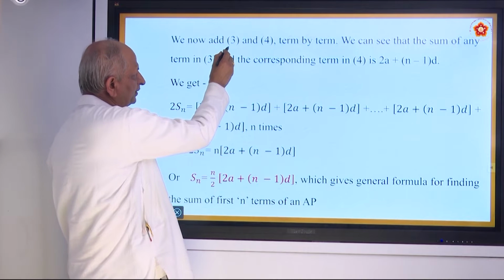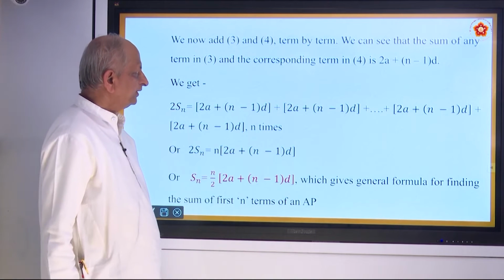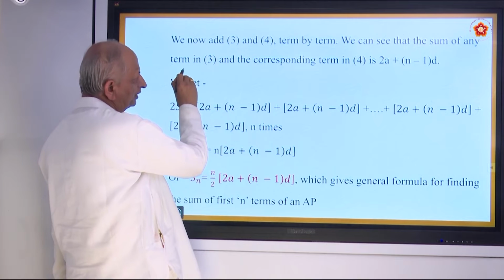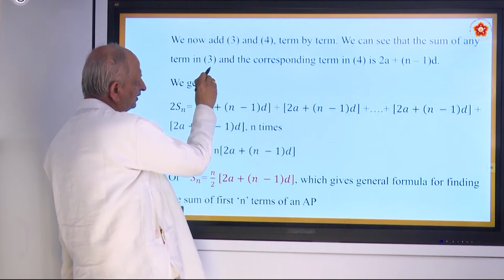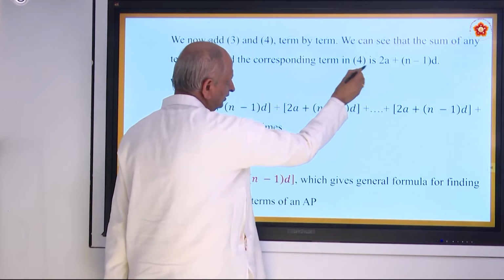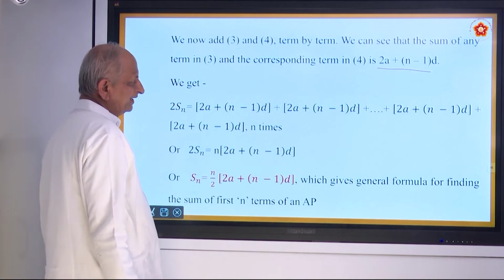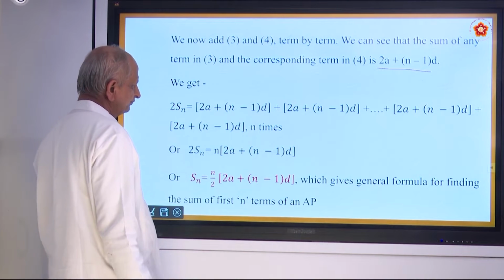Now we add equations 3 and 4 term by term. We can see that the sum of any term in 3 and the corresponding term in 4 is the same number, 2a plus n minus 1 into d.